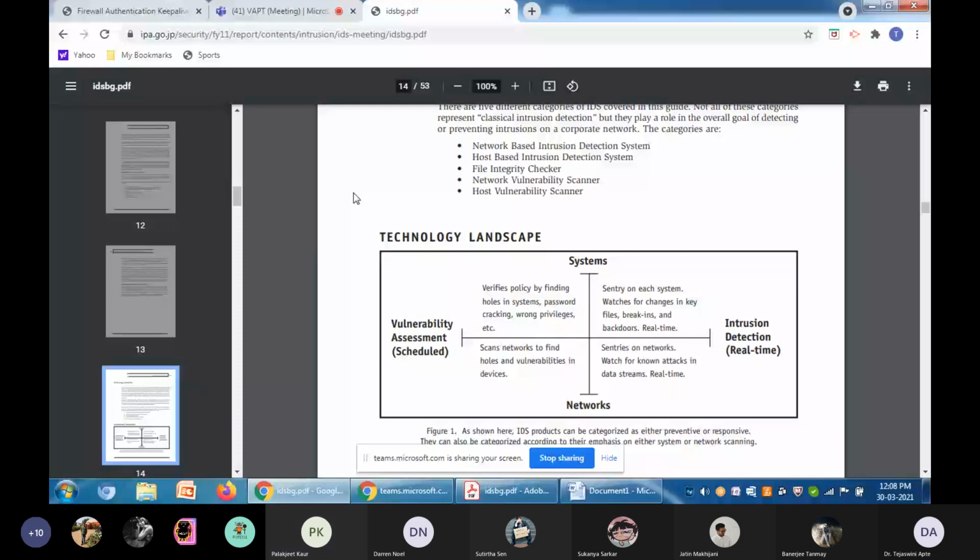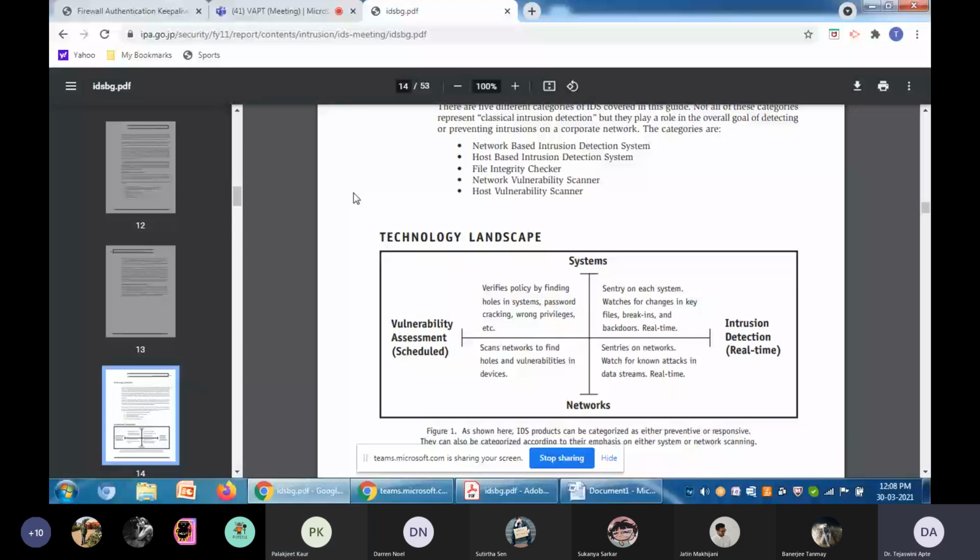Now can you tell me what it is trying to show you? Ma'am, I'm not sure, but I guess when we are at the system, then when the vulnerability assessment is scheduled, what is written is that it verifies policies by finding holes in system passwords, cracking. Exactly. So see here, verify the policy.